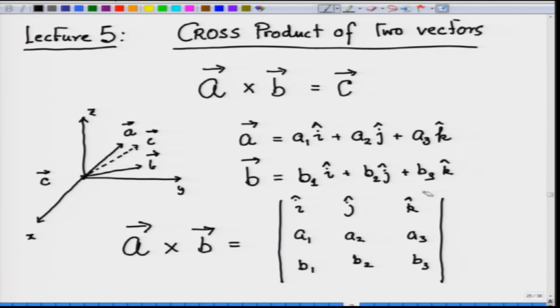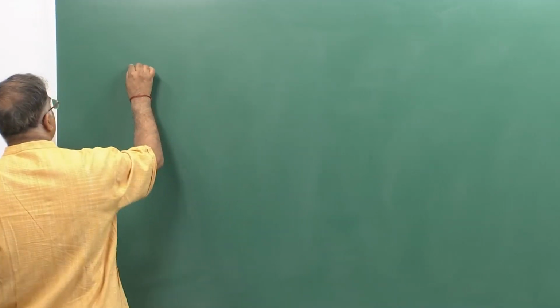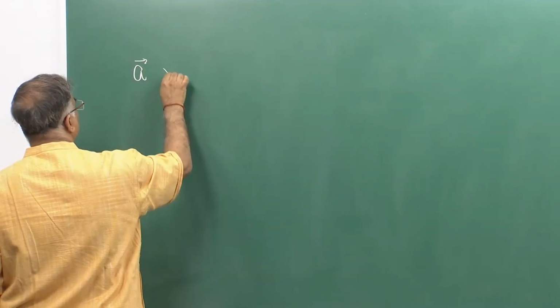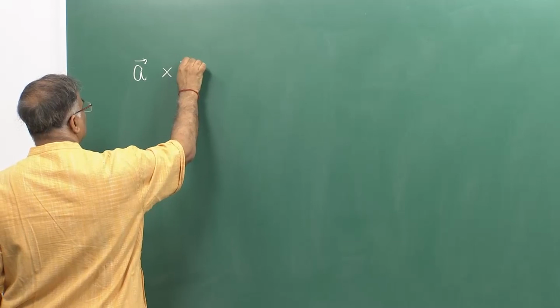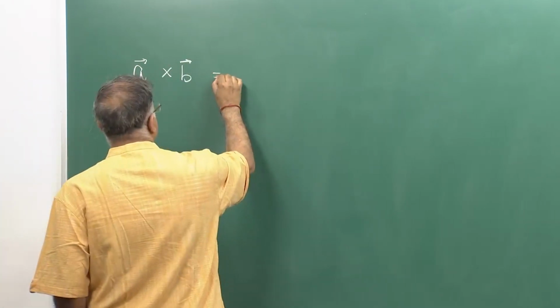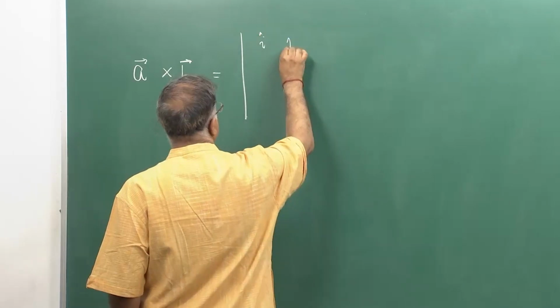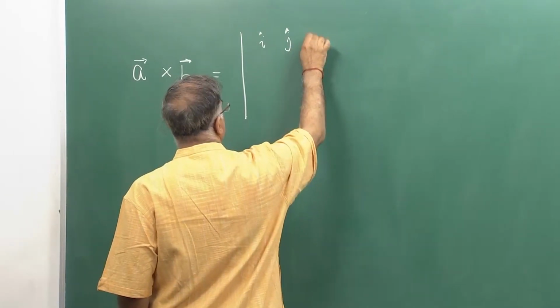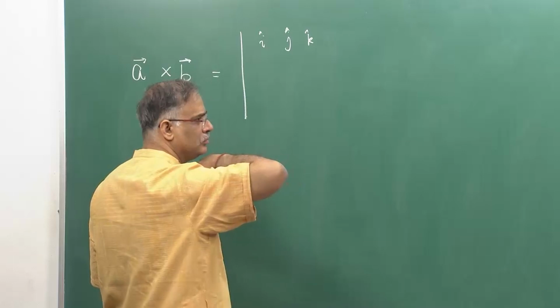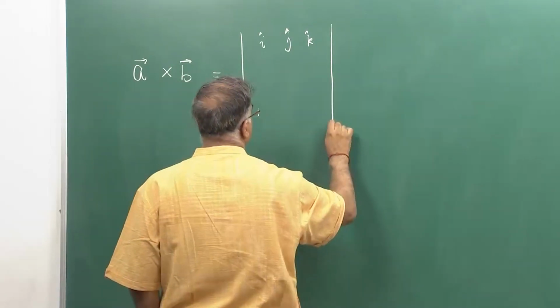So, let me expand the determinant and see how we can write it. What we had here is that for two vectors A cross B, computing the determinant is the same.